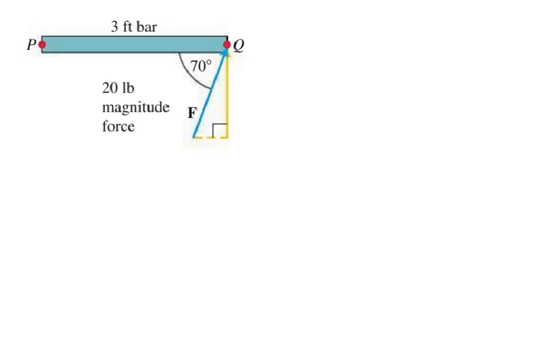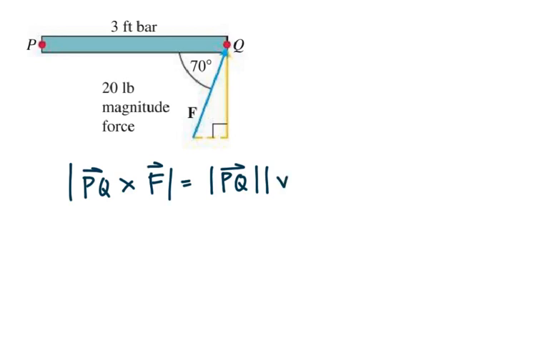So the magnitude of the torque generated by the force F at this pivot point, P, that's where we're turning, is the magnitude of the vector PQ cross with the force vector, which is the same as the magnitude of PQ times the magnitude of the force vector times sine of that angle at which we're applying our force.